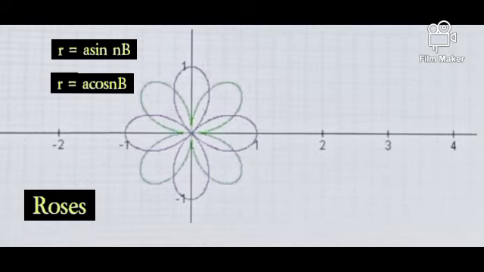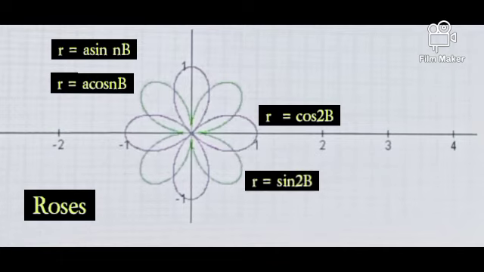In particular, the purple rose with 4 petals has polar equation r equals cosine 2b, where a is 1 and n is 2. While the green rose with also 4 petals has polar equation r equals sine 2b, where a is 1 and n is also equal to 2.